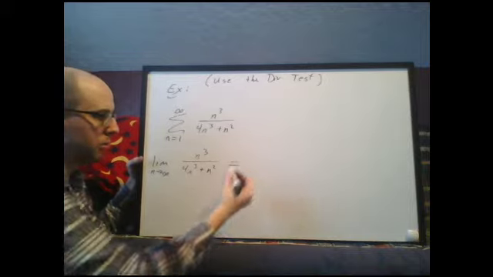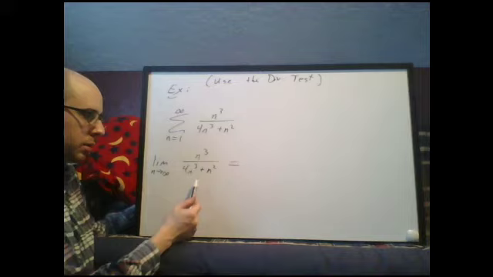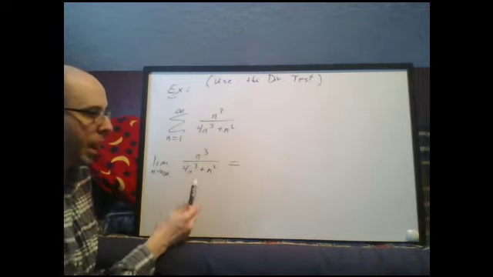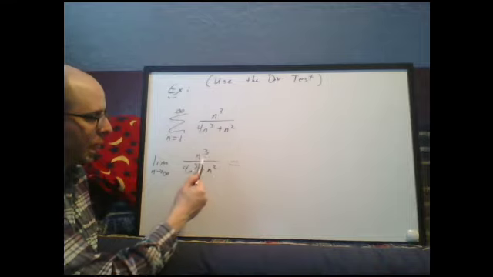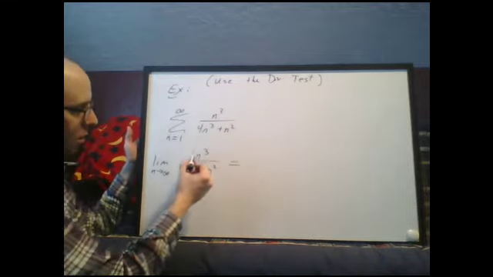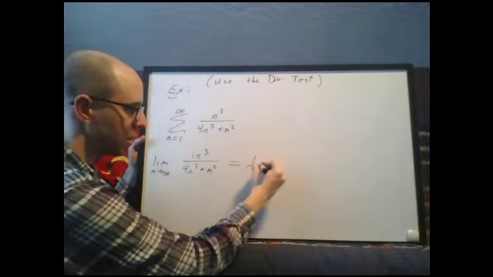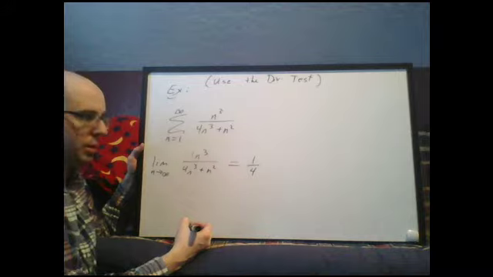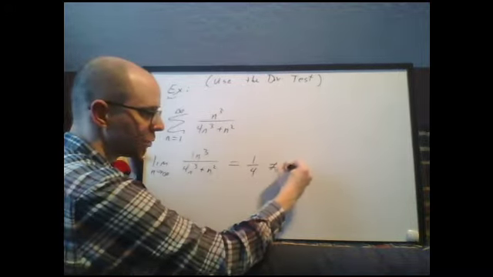Well, without going through the details, because we've seen these plenty of times now, when our sequence is rational, meaning polynomial divided by a polynomial, if the degree is the same, these are both n cubed, the limit's just the ratio of their leading coefficients, so 1 divided by 4. So the limit of this term is 1/4. 1/4 does not equal 0.